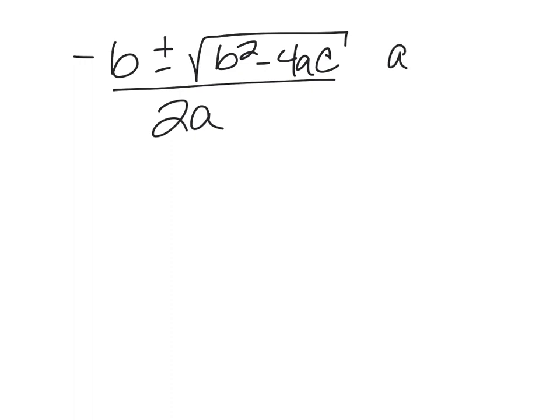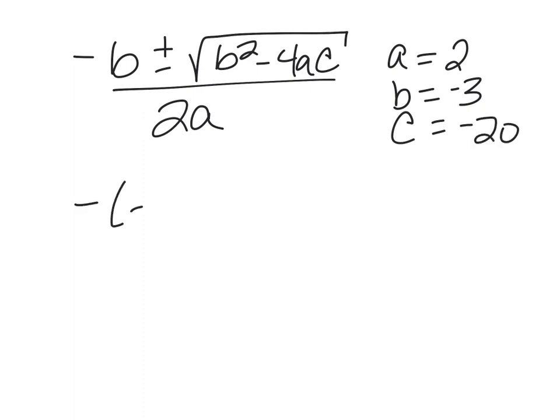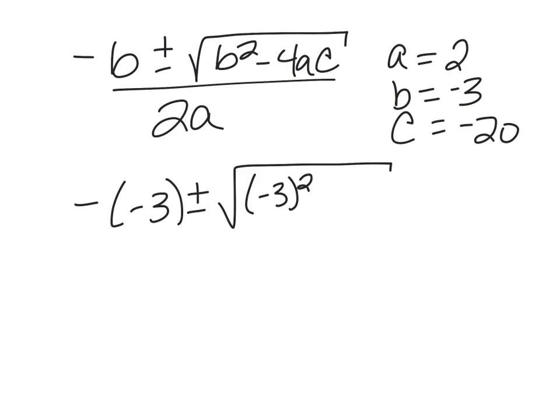Okay, we said that a was 2, b is negative 3, and c is negative 20. So I'm going to do opposite of b, which is negative 3, plus or minus the square root of negative 3 squared minus 4 times 2 times negative 20.